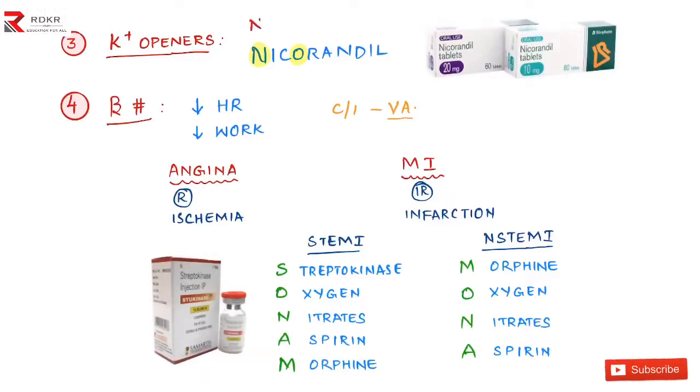So NO releaser and also potassium opener. So it has two effects, that is NO, and if you combine both, it looks like K, and that's why you can also get it as a potassium opener. So this was about nicorandil, the potassium opener. You can also watch the image of the tablet here.